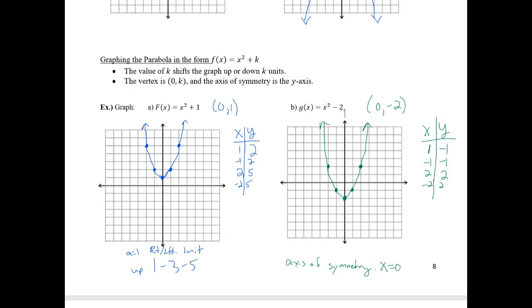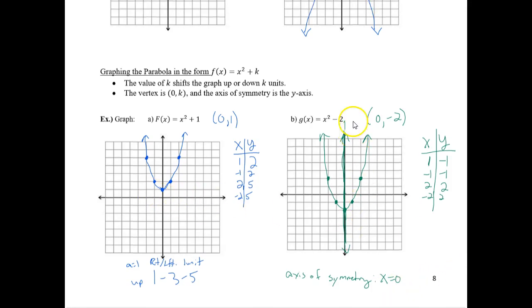So you can see that the mirror images are happening right here on the y-axis. And the equation of that line on the y-axis is x = 0, right? So over here, x = 1, x = -1. In the middle, this is x = 0, this vertical line here. So that's the axis of symmetry for everything that we've done so far.